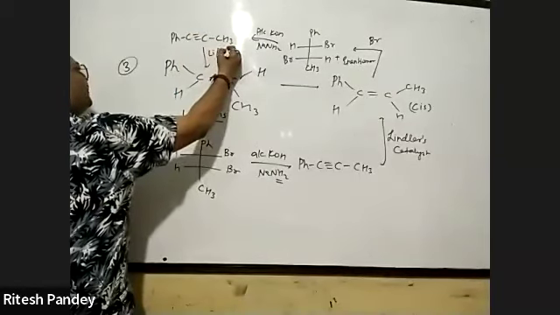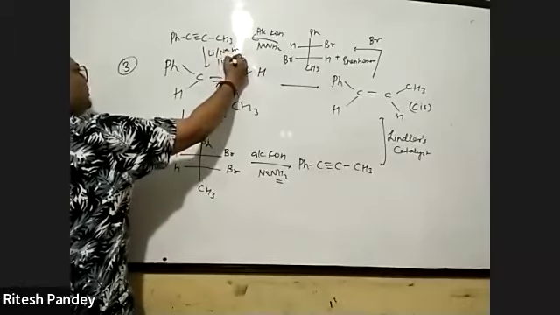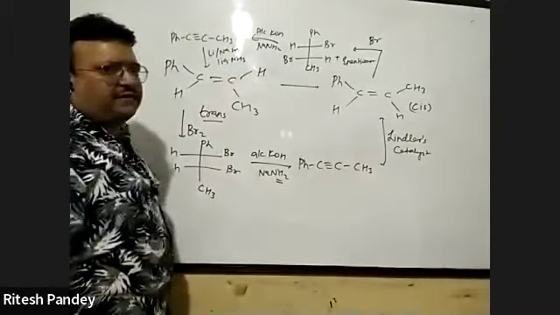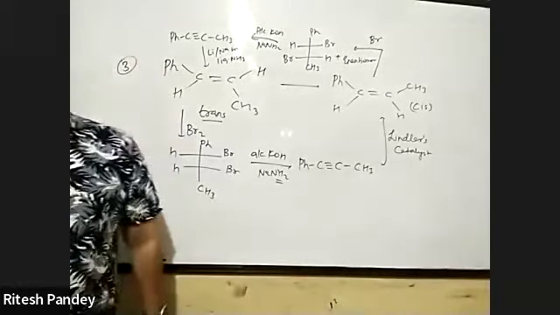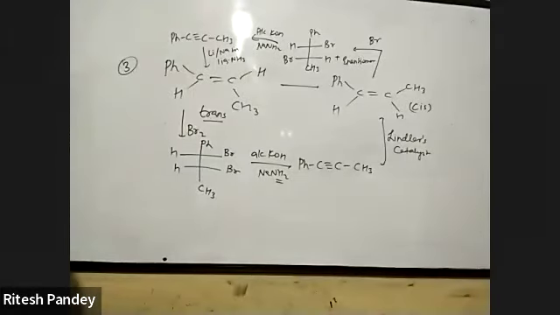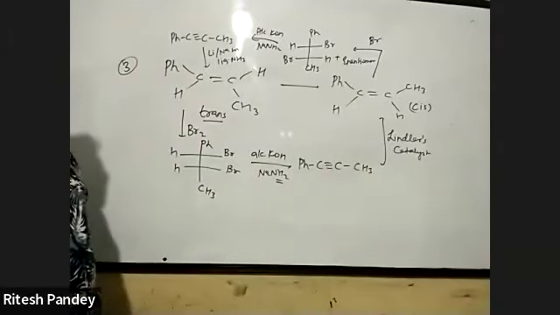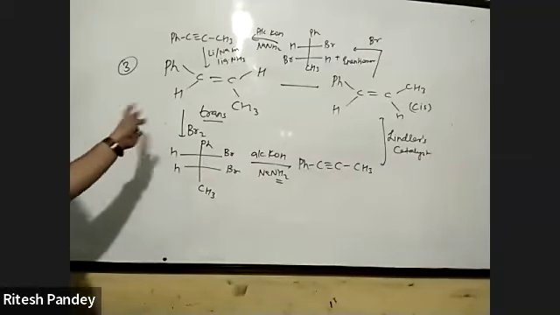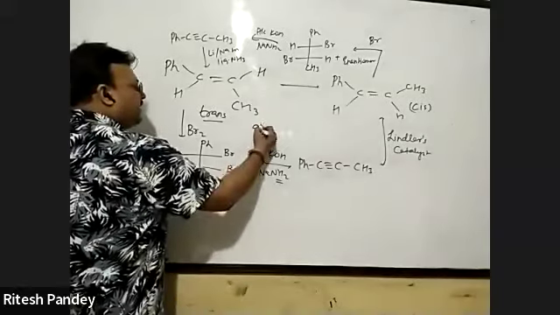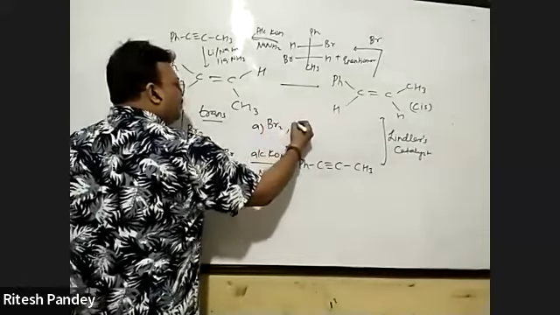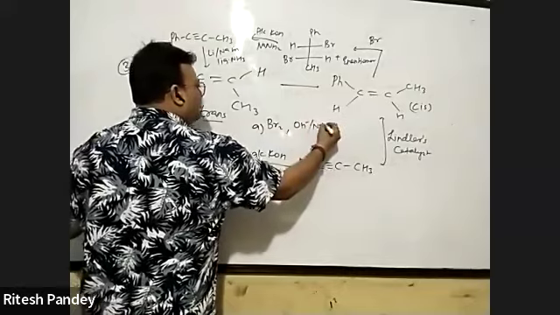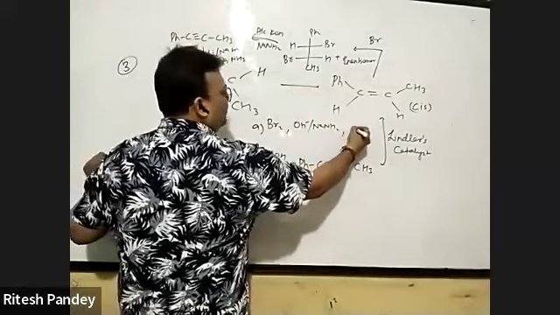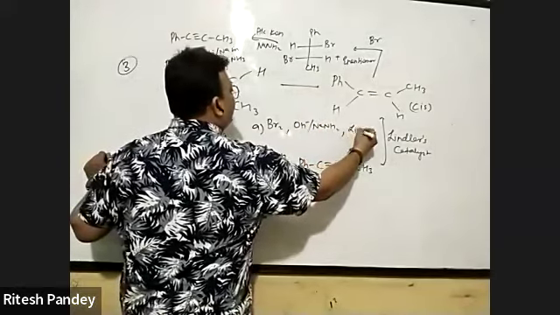And this with lithium or sodium in liquid ammonia would give you a trans alkene. Yes or no? So the right option for converting a trans to a cis would be bromination followed by alcoholic KOH, NaNH2, followed by Lindlar catalyst. Yes or no?